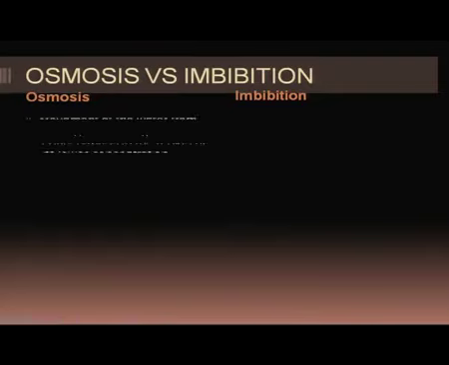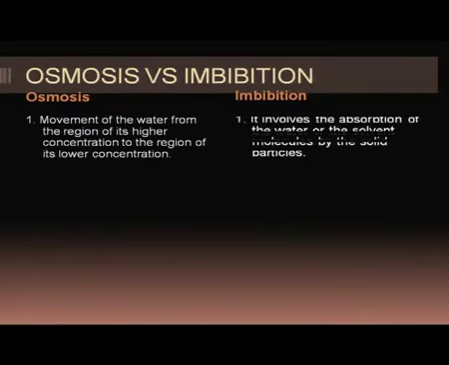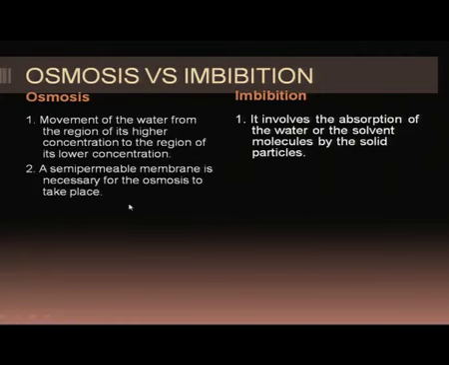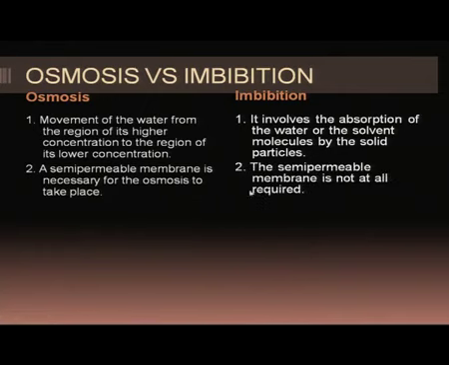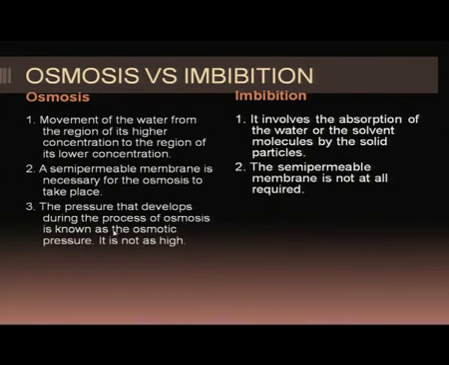So, we can compare osmosis to imbibition also. While one is movement of water from high concentration to low concentration, here the solvent is being absorbed by solid particles. Osmosis requires a semi-permeable membrane, but no such requirement is there for imbibition, and the pressure is osmotic pressure. It is not very high.